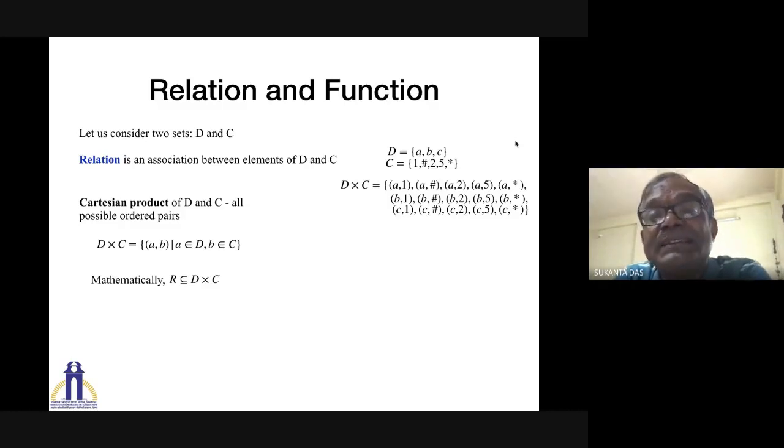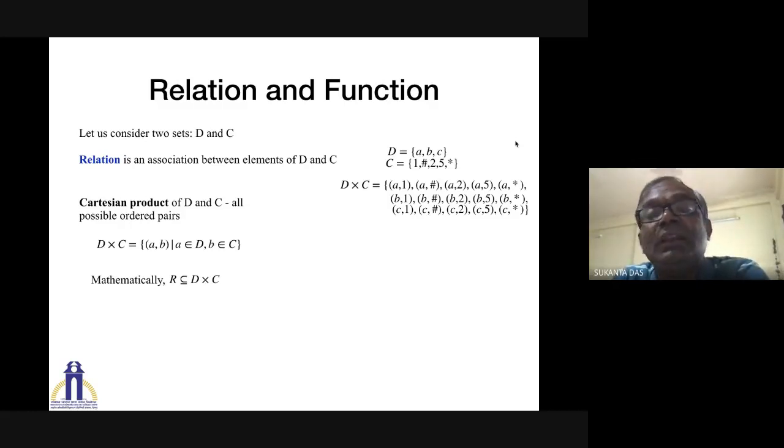So A is from set D, 1 is from set C. So next is A comma hash. A is taken from D and then hash from C. In this way, A comma 2, A comma 5, A comma star. A is one element of D, and for that element, I have taken all possible options from C. So this is the first line, then the second line B1, B hash, B2, B5, and B star.